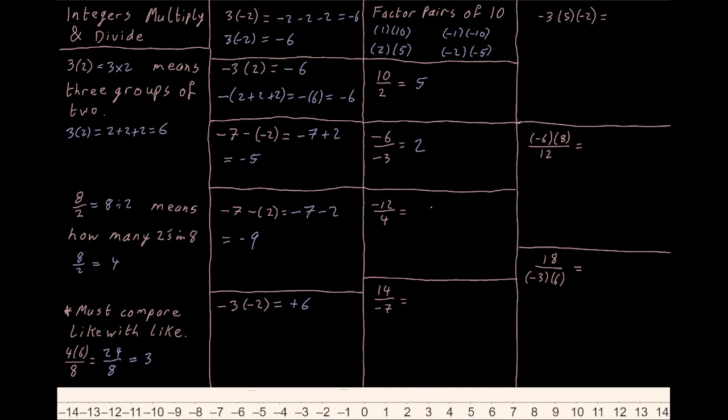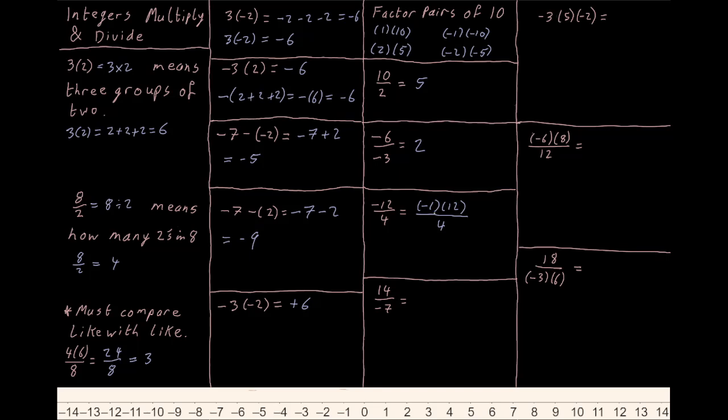Minus 12 is the same as minus 1 multiplied by 12. If we factorized minus 12, we'd be able to say it's the same as minus 1 times 12, and that's still divided by 4. So now we can break up our question and say, how many 4s would fit into 12?